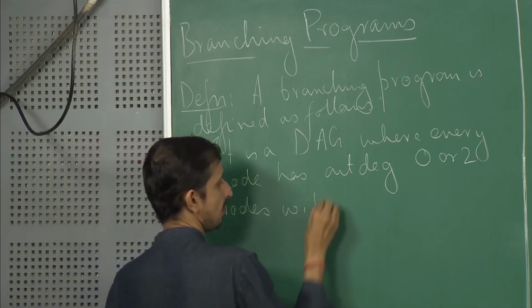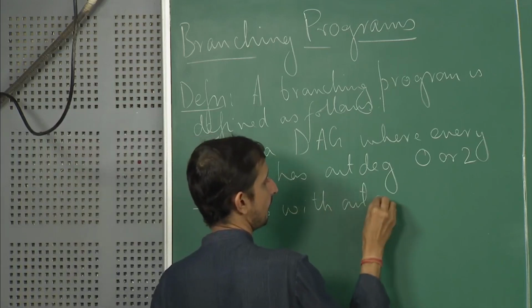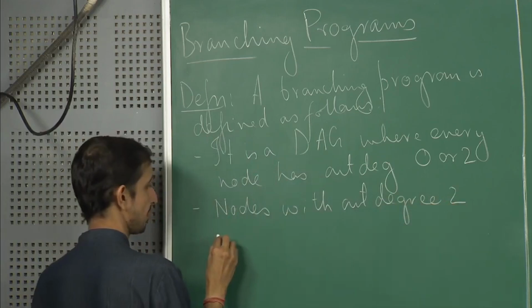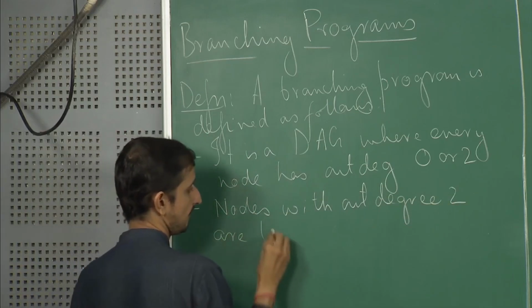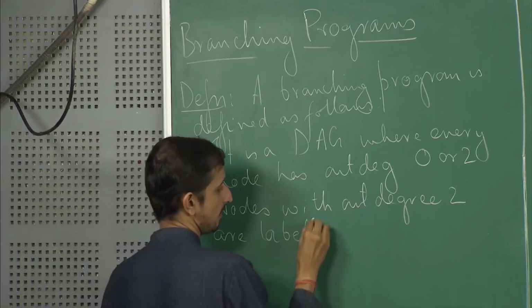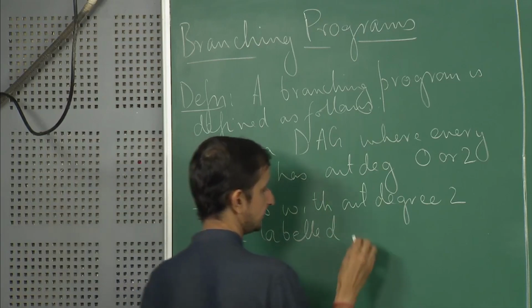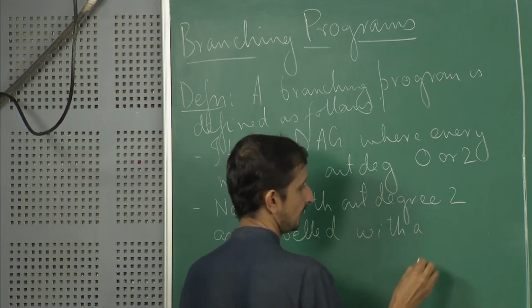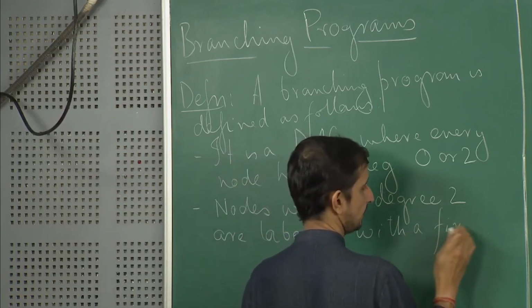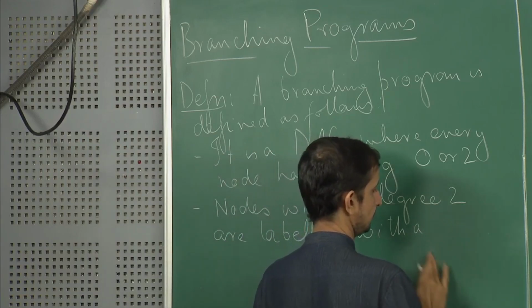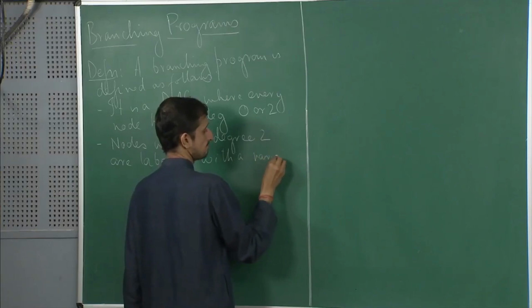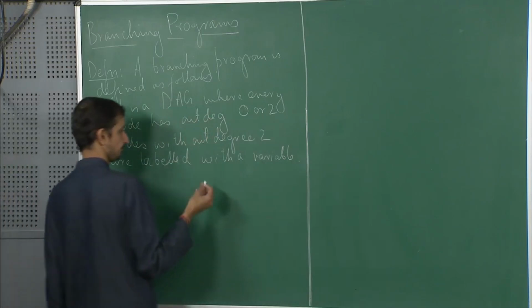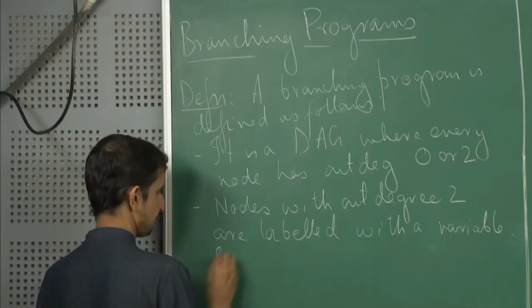Nodes with out degree 2 are labeled with a variable.